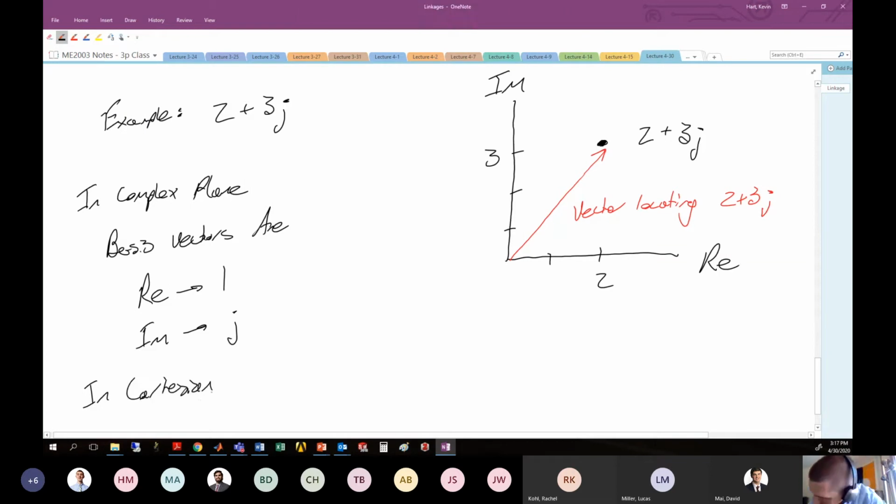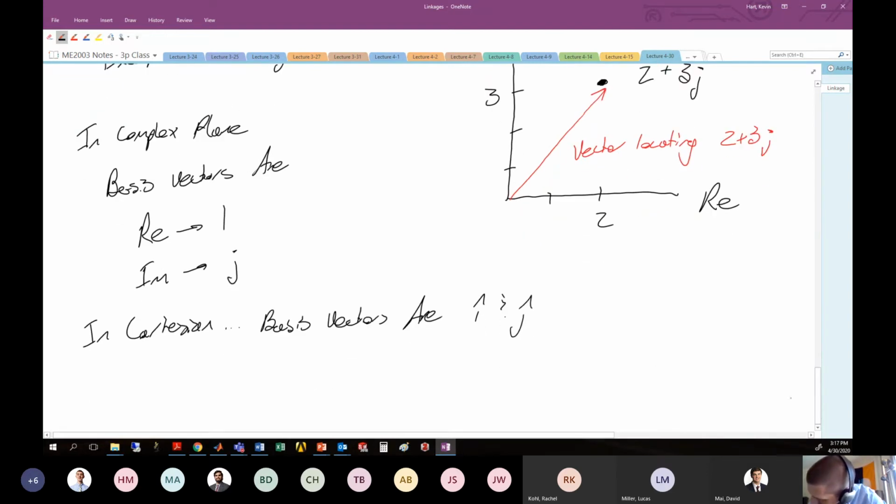In Cartesian, basis vectors are i and j. Okay? They're kind of like unit vectors. Okay, so think of these maybe as unit vectors. They're not technically unit vectors, but they behave like unit vectors.